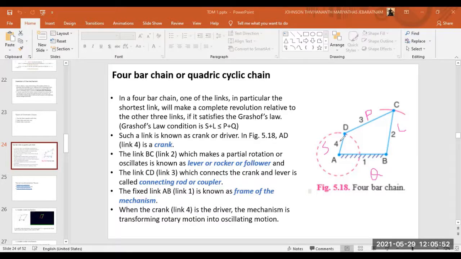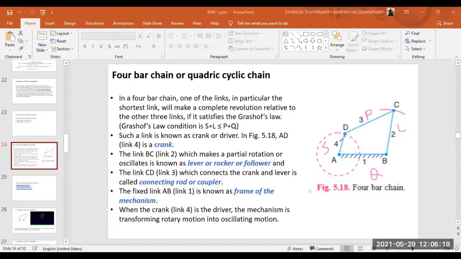Several mechanisms you might have seen have a piston, flywheel, and crank. The member which is making the complete revolution is the crank. So the shortest link would be the crank.